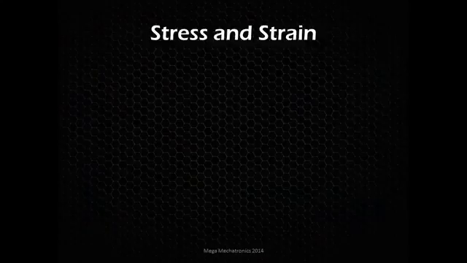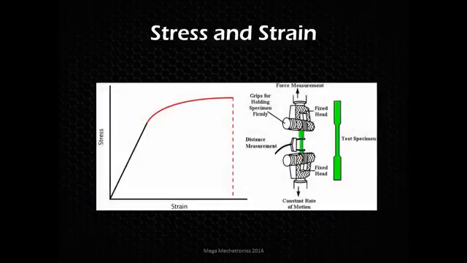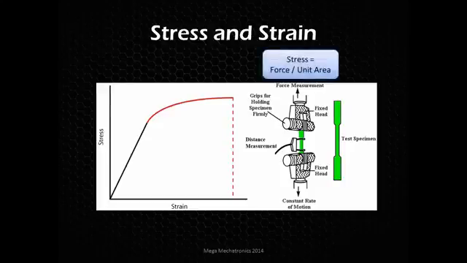So let's see how what we're measuring relates to the infamous stress and strain curve, which is really the point of this video. So we're going to take that stress because we're going to calculate the area of that specimen. So if that specimen is rectangular, we would find the area that way, or for the round one, we use the area of a circle.